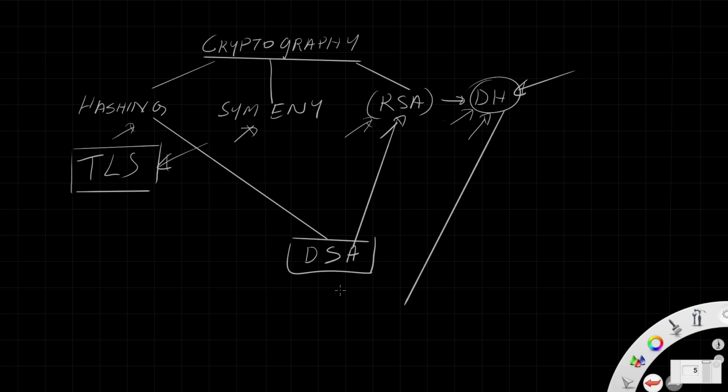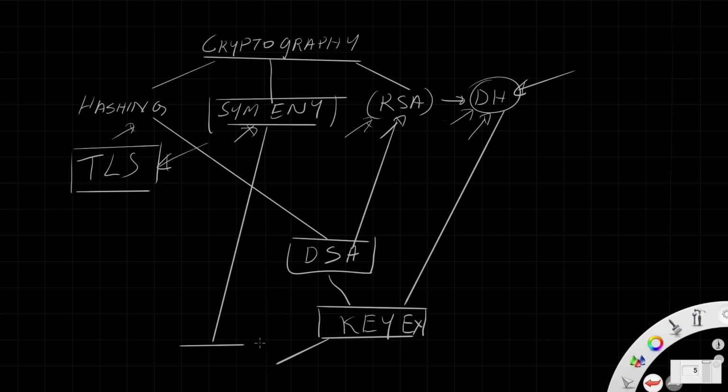So we need these two things to securely do the key exchange. And once the key exchange is done, we use the symmetric encryption to transfer the actual data, AES. So the key comes from here and the algorithm is AES. So TLS uses something like AES for the actual data transfer. So this is kind of the relation.